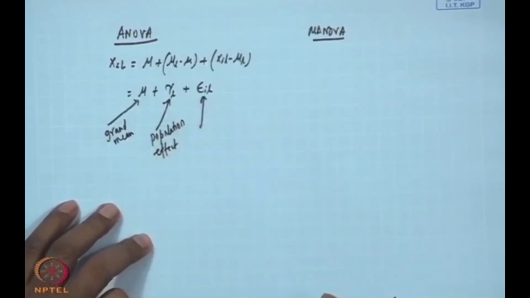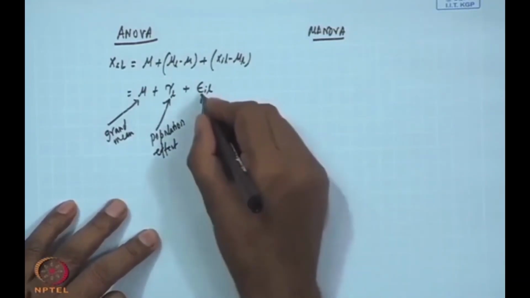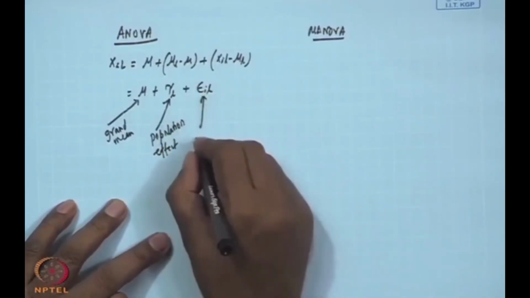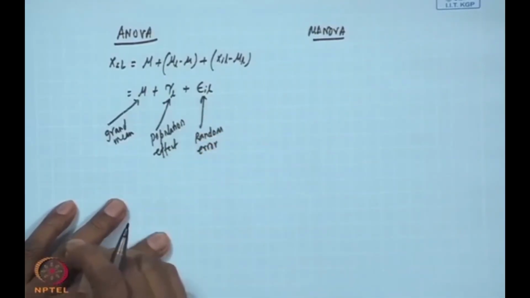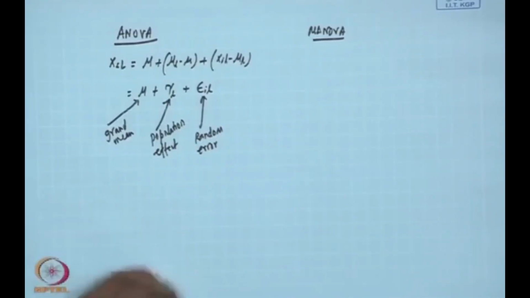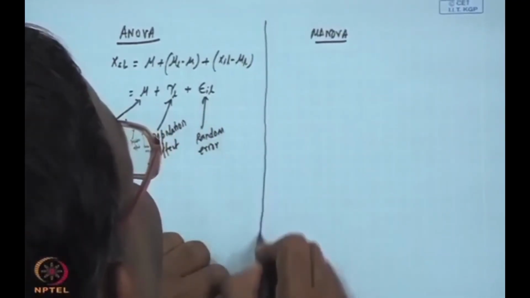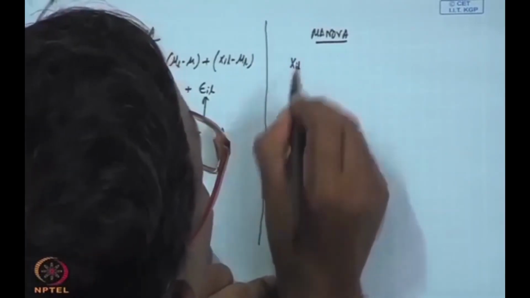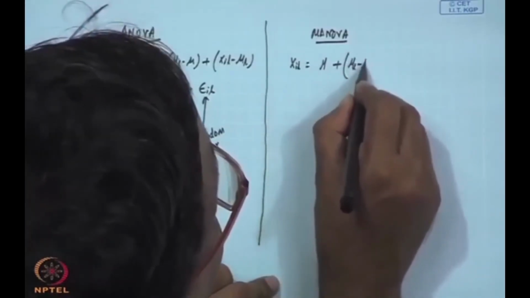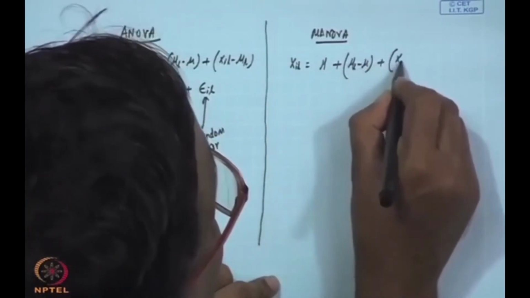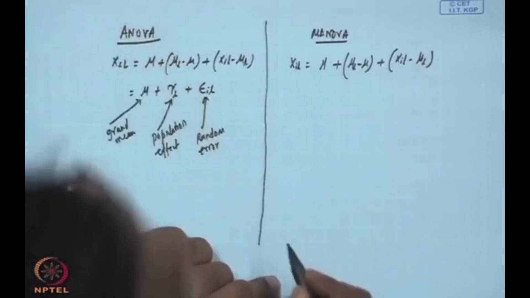and we are saying that no model is perfect, it cannot predict the exact same value for all the observations, there will be random errors. So, epsilon IL is the random error part. Okay. So, the same partitioning is possible in MANOVA. What will we write? XIL equal to mu plus (mu L minus mu) plus (XIL minus mu L).